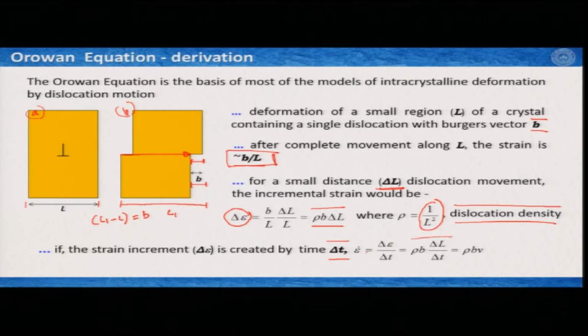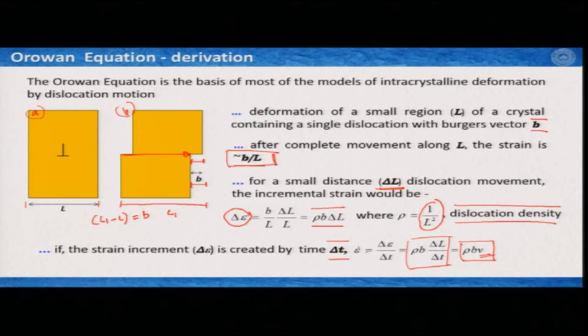That would give you this form, rho B delta L by delta t. Now, delta L by delta t, you can consider as a velocity. So, finally, we arrive at this equation: strain rate is equal to the product of dislocation density, Burger's vector, and V, the velocity of the dislocations, or dislocation velocity.